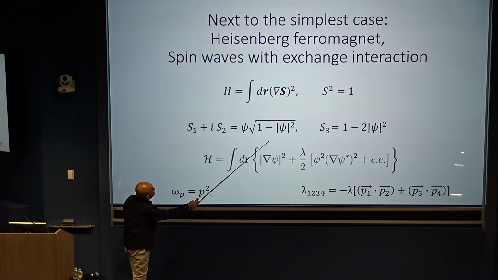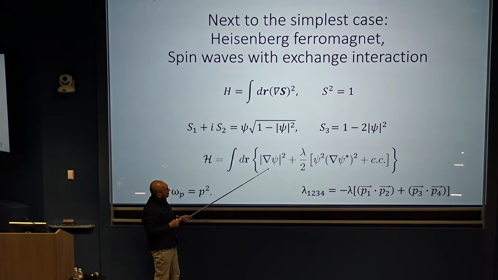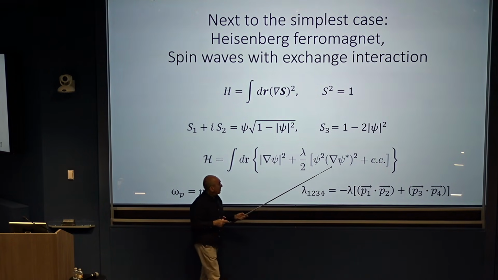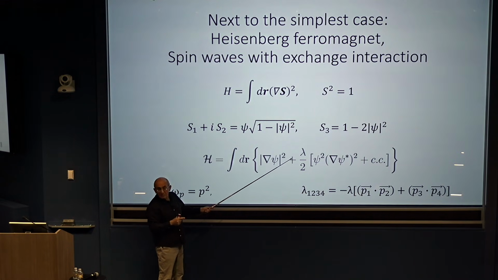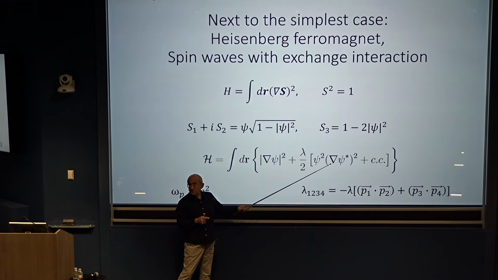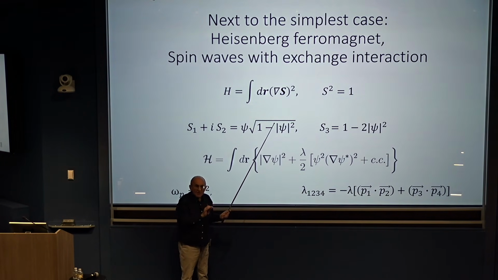So this deviation you can characterize by psi, and then again, assuming that this psi is small compared to unity, you can expand your Hamiltonian. There are, of course, sextic terms, there's the whole enchilada, but at this level, it's very much like nonlinear Schrödinger. The only difference is this gradient. I very much want mathematicians to pay attention to this, because first of all, it's no less important than nonlinear Schrödinger.